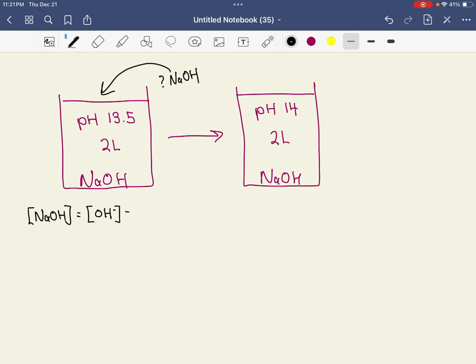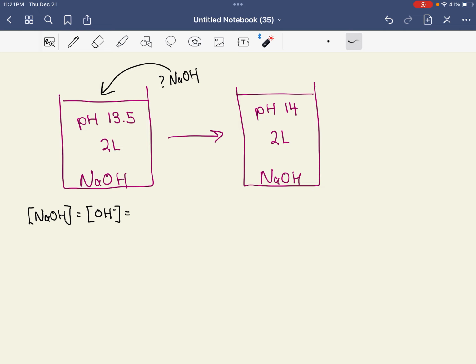But in this question, since we're talking about a base, there is a little bit of things that you need to do first before you proceed. You need to turn this pH into a pOH. Why? Because by taking 10 to the power of negative pOH to get OH concentration, this has to be pOH.